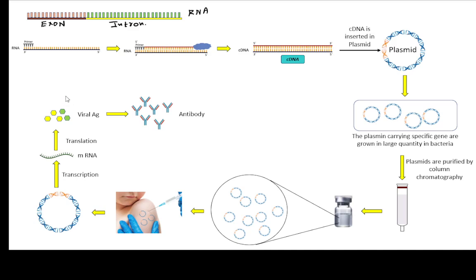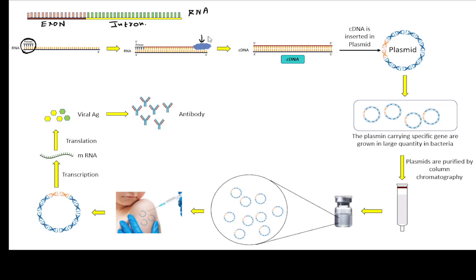So what we need to do? We need to develop some primer. The primer binds to a specific nucleotide sequence present in the RNA. So we need to generate a specific primer, and in the next step, reverse transcription takes place with a reverse transcriptase enzyme.